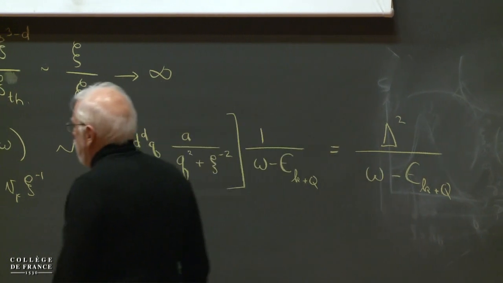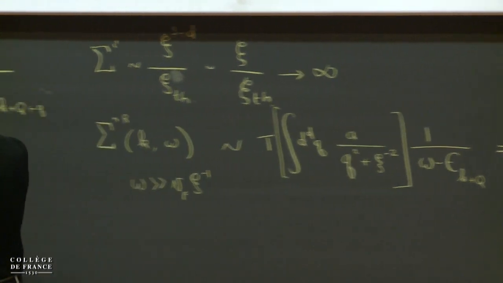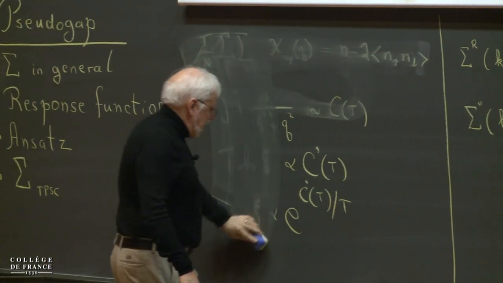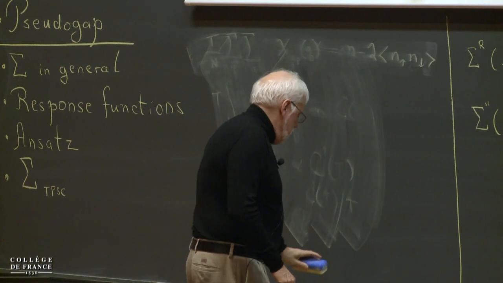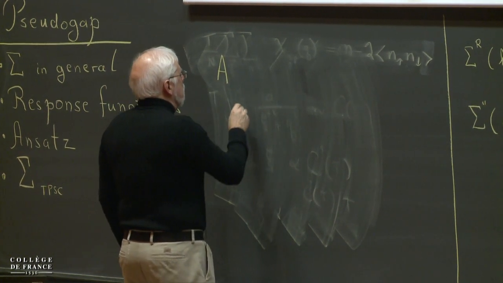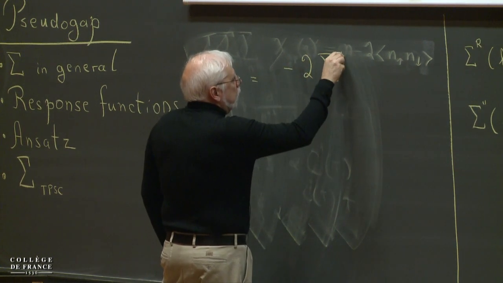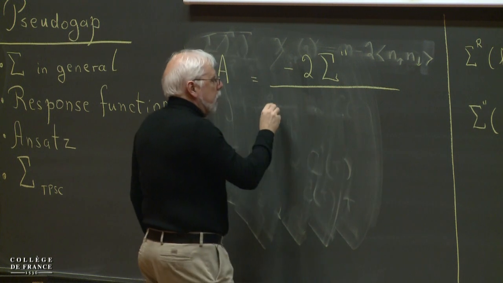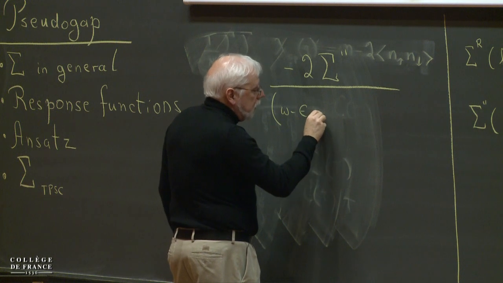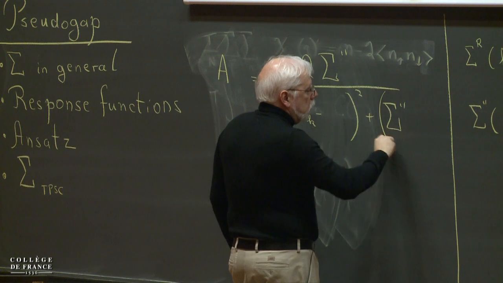So if you look now at the single particle spectral weight, so what is measured in ARPES, A is minus 2 sigma double prime divided by omega minus epsilon k minus the real part of the self-energy squared plus sigma double prime squared.